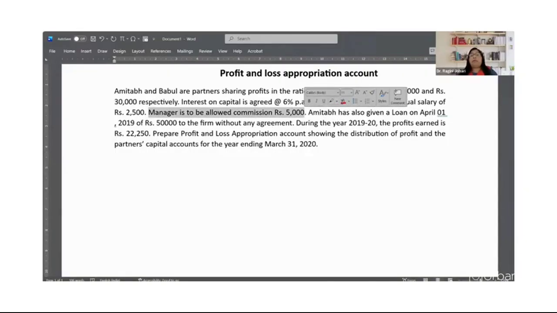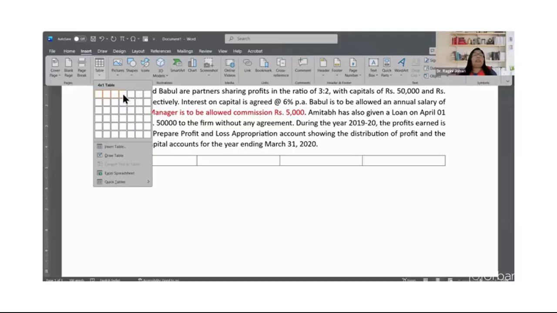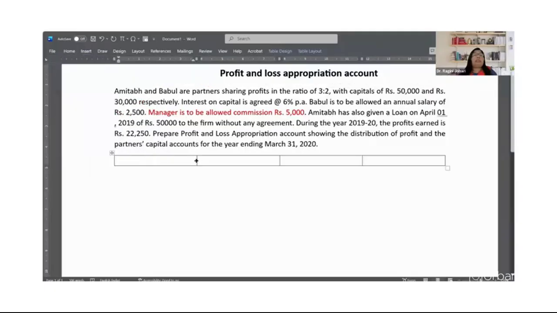Manager means whom? Manager means the employee. The employee's commission, employee's salary, everything is charged to the P&L account, right? So yes, we will start with P&L appropriation, but in the working note, we have to first make the P&L account and then we can proceed to the P&L appropriation account.